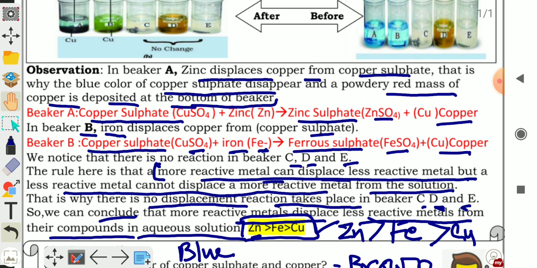Due to the formation of ferrous sulfate, blue color of the copper sulfate turns into light green color of ferrous sulfate and copper is displaced.